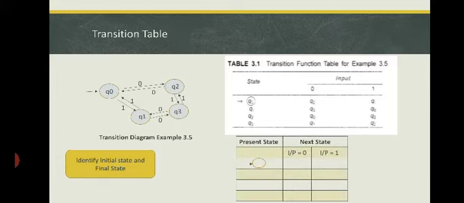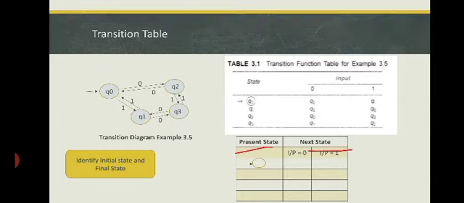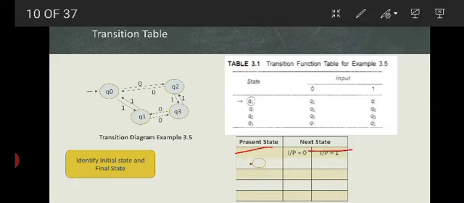In the first column, we will have the present states, and in the next column we will have the next states. After this, we have to write down the inputs it is going to process. As you can see in the transition diagram, it can process only the 0 and 1 input alphabets.